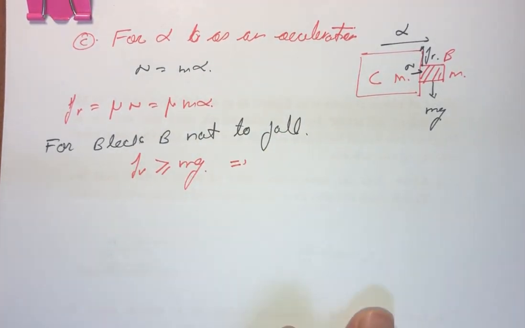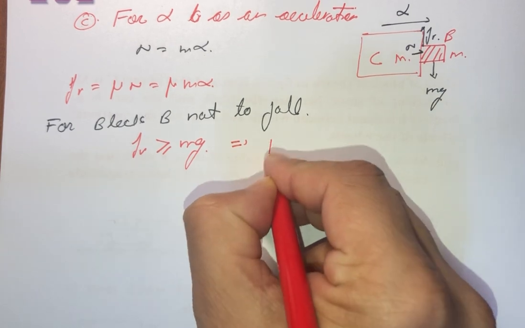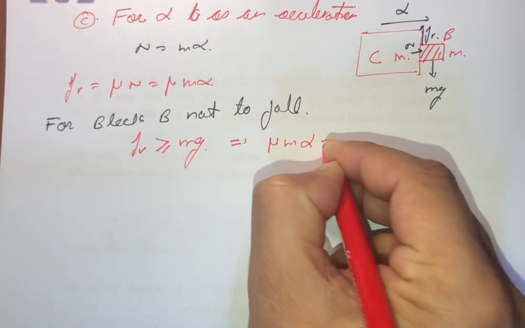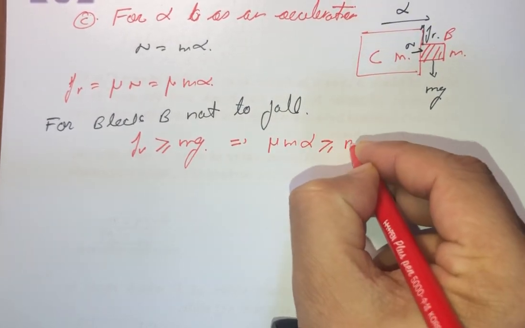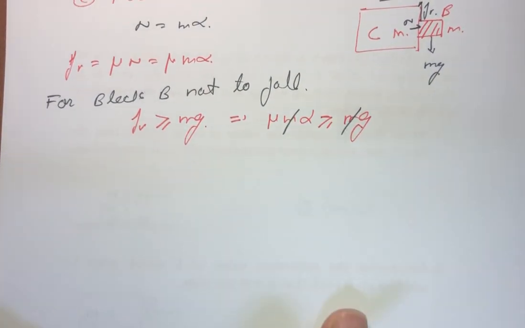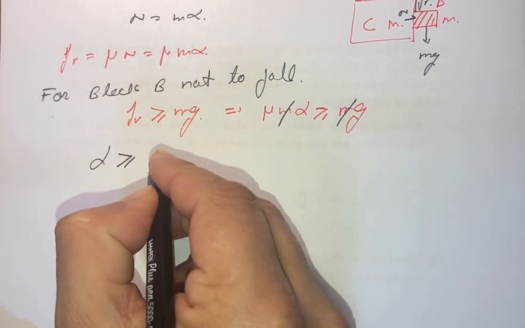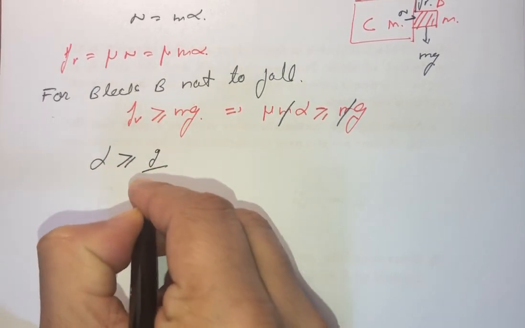So we already know the value of Fr. Fr is given as mu m alpha greater than or equal to mg, and we can cancel out m, so we can say alpha is greater than or equal to g by mu.